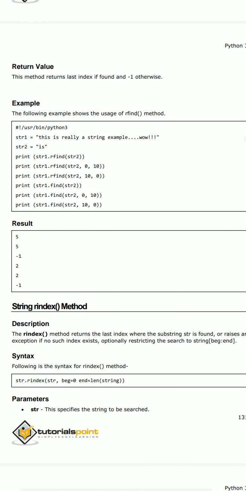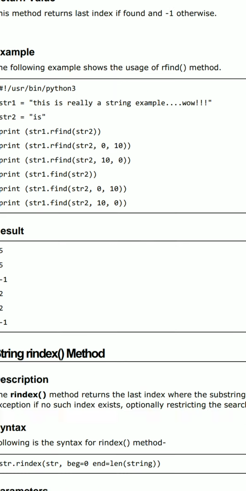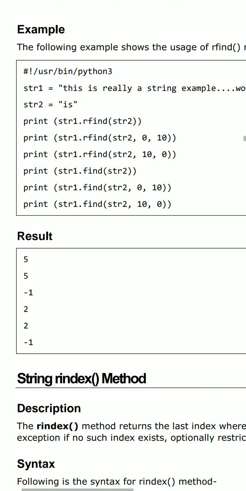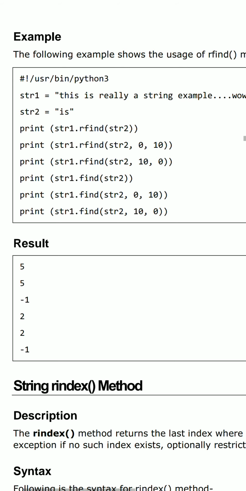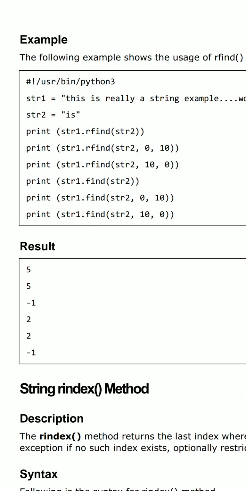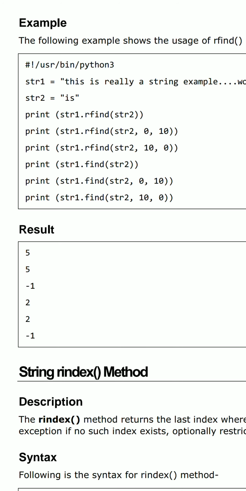I have a program so that you can clearly observe and have an idea about the rfind method. Here I have taken two strings. The first string is "this is really a string example", and then I have taken another string, and I am printing both the strings on the output screen. The first print statement is str1.rfind(str2).